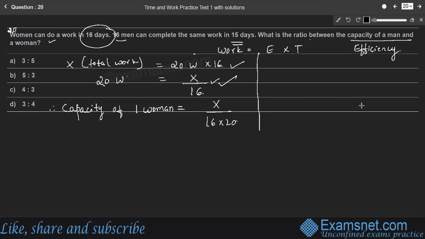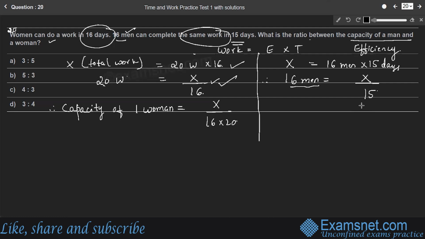Now consider the case of men, right? To complete the same work, 16 men work for 15 days. Therefore, we'll write total work X as 16 men, they work for 15 days, right? Therefore, capacity of 16 men or efficiency of 16 men is equal to X by 15. Efficiency in the sense their 1 day work, right?